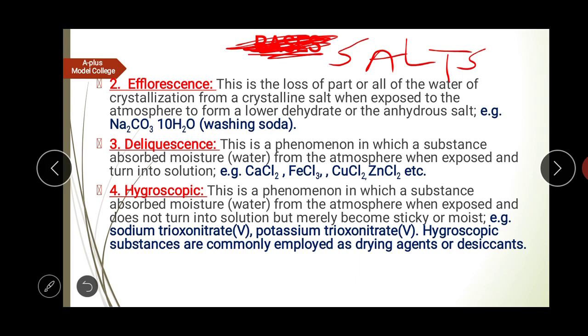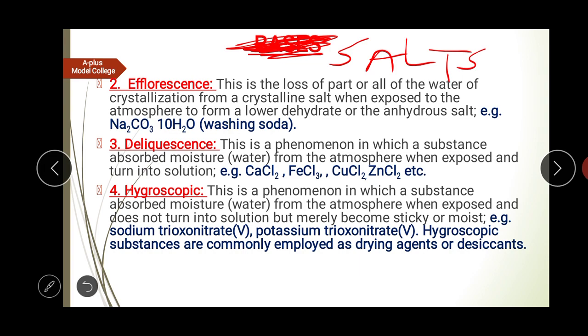So deliquescence is a phenomenon in which a substance or a salt absorbs moisture or water from the atmosphere when exposed and turns into solution. Examples of deliquescent salts are calcium chloride, iron(III) chloride, copper(II) chloride, and zinc chloride.